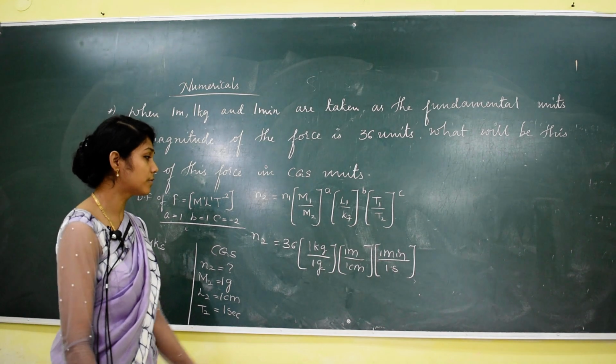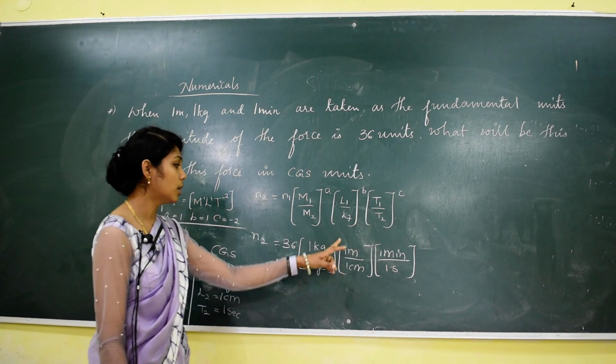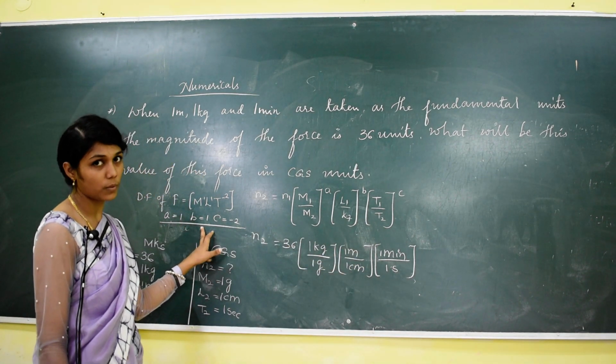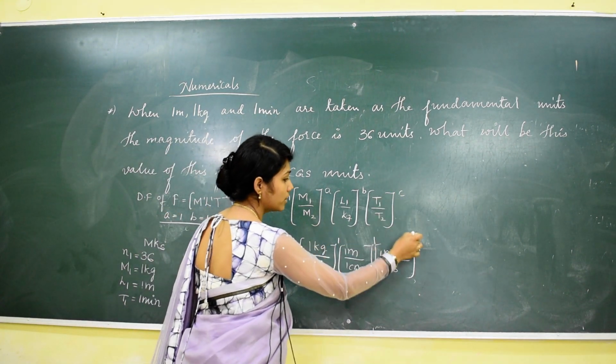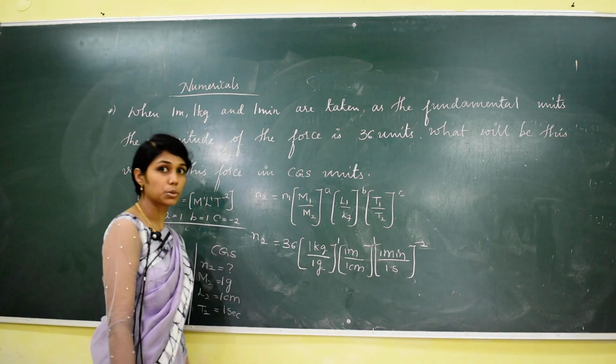Then I have to put the values of a, b and c: a is equal to 1, b is equal to 1, and c is equal to -2 here.